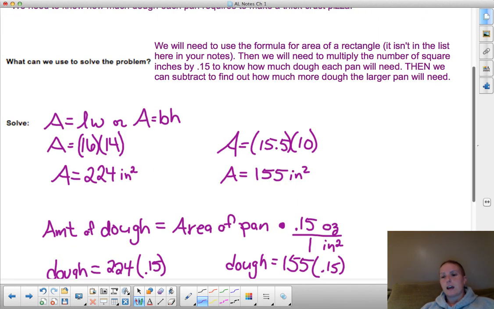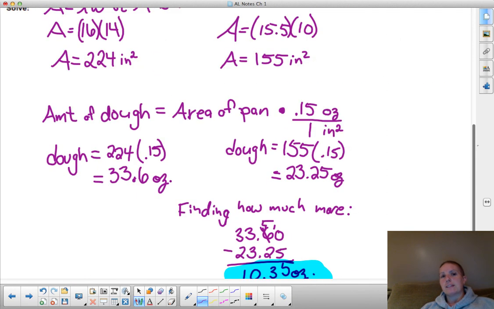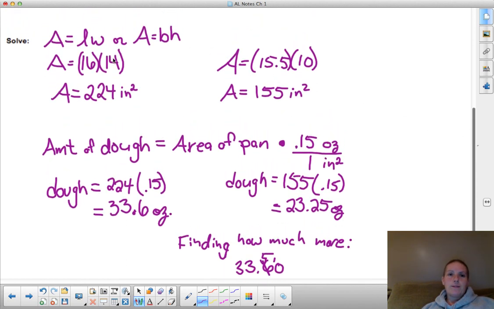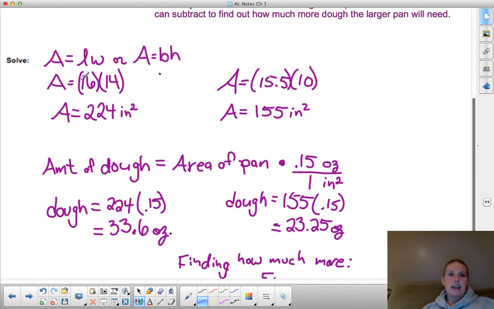So when we look at this, remember that area of a rectangle is length times width, or base times height, depending on which way you like to use it. And when we do our multiplication, we get the area of the first and the area of the second pan. Remember, to find the amount of dough, we take the area of the pan times 0.15 ounces per inches squared.